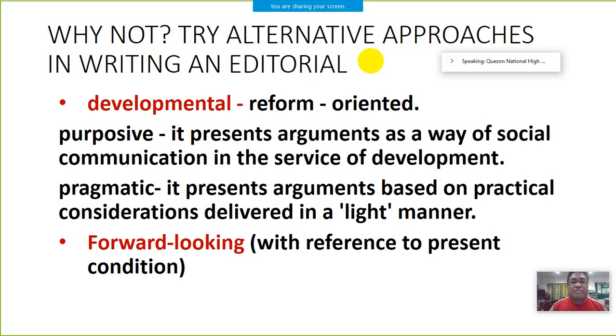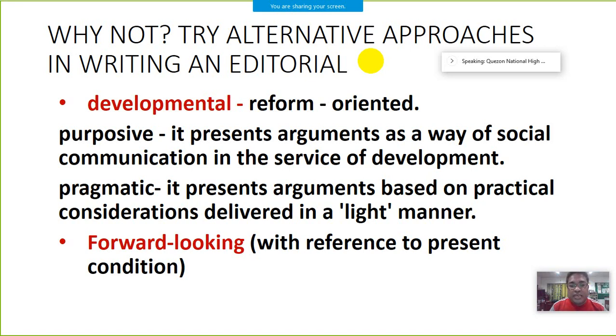Now, we also have some alternative approaches in writing an editorial. So, the previous samples were all standard or formatted editorials. Now, we can make use of the developmental approach in writing editorial. This is more on citizens journalism approach because developmental editorial is somehow reform-oriented.